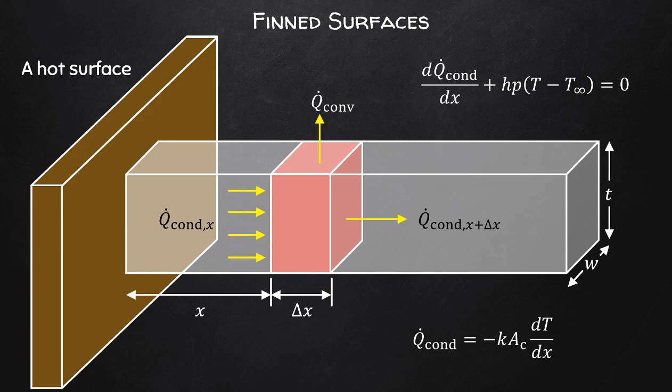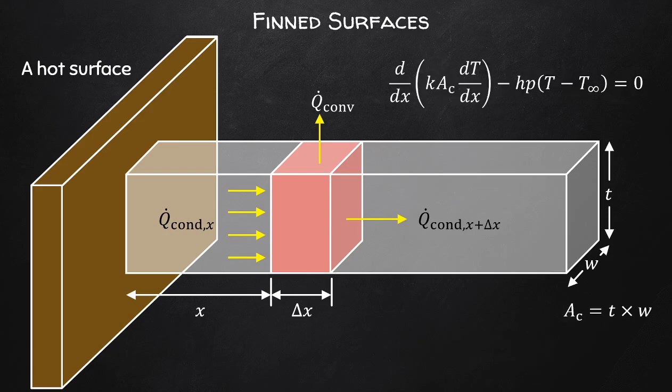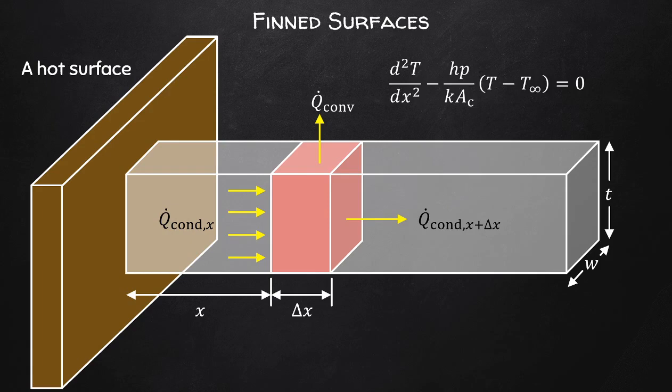And since we know that the conduction heat transfer Q is equal to negative k times A times dT/dx, we can substitute this into the equation and obtain a linear homogeneous second order differential equation. Oh, what fun we are going to have.